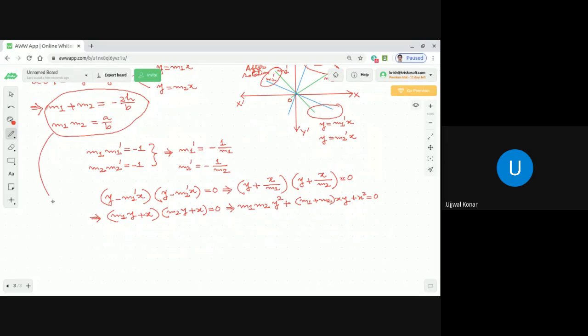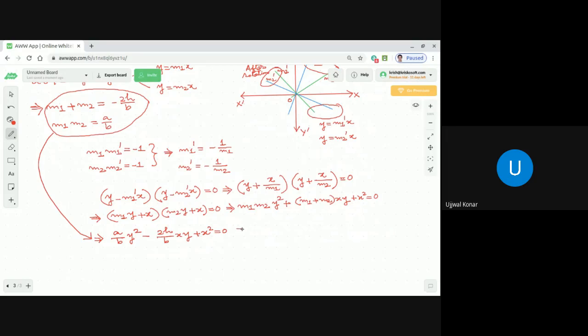If we apply those values, m1 m2 is a by b, so a by b into y square minus 2h by b into xy plus x square is equal to 0.